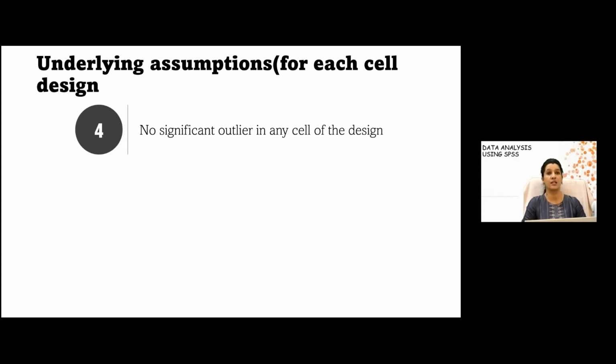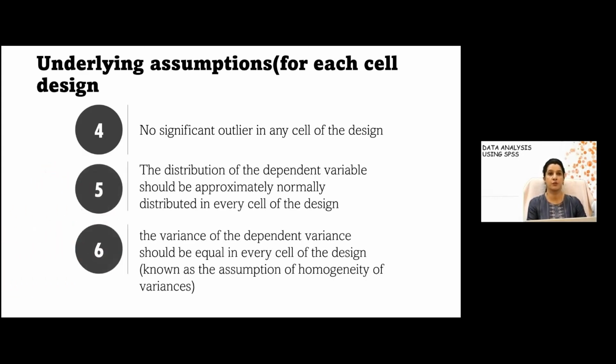All three assumptions, normality, outlier, and homogeneity of variance, which we use to test in ANOVA and the independent sample t-test also, will be tested for each cell of the design.